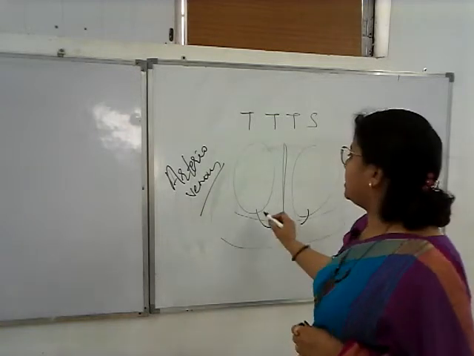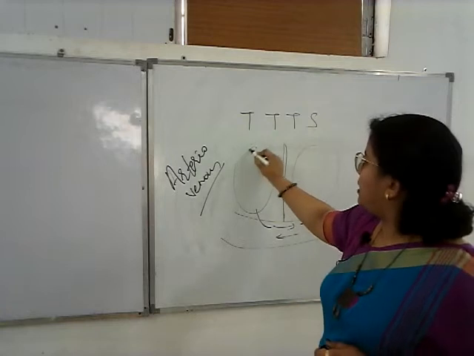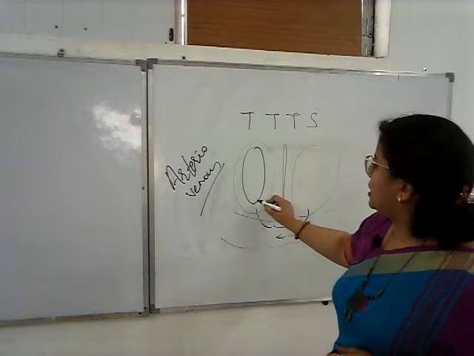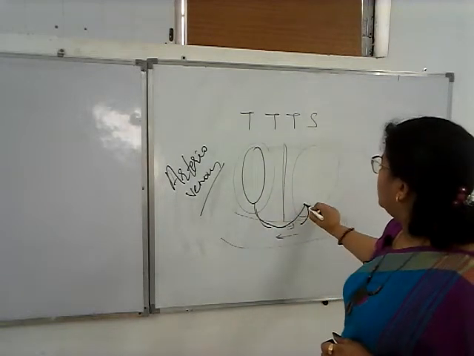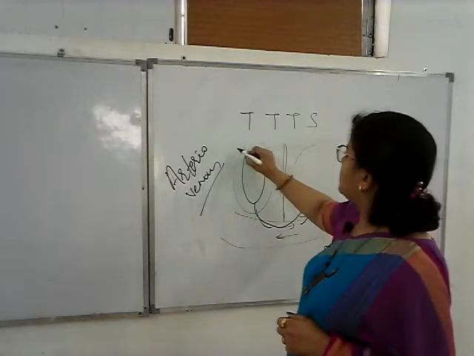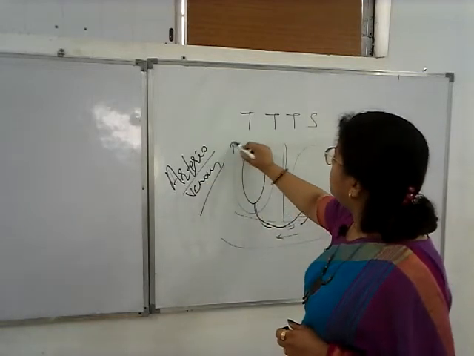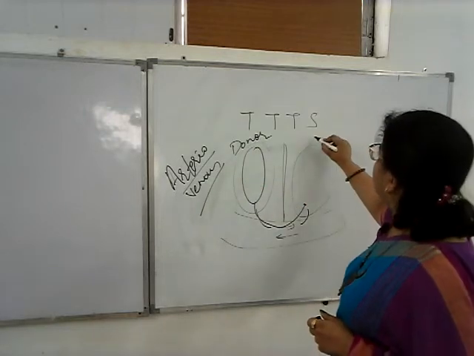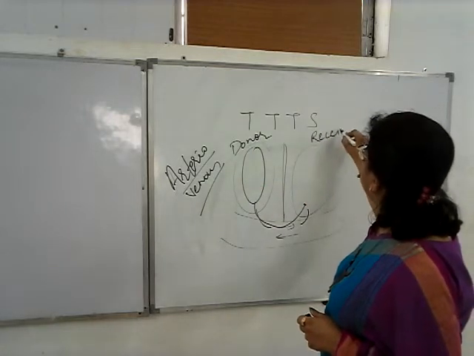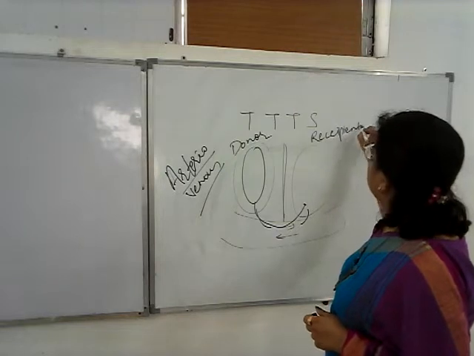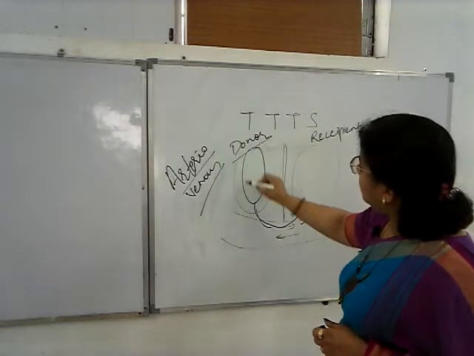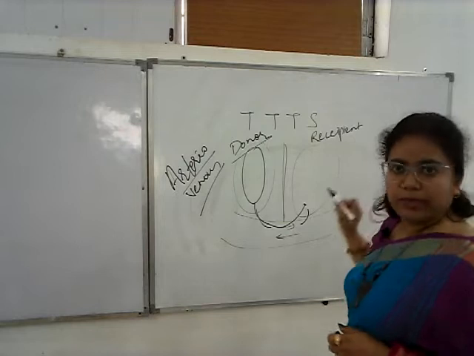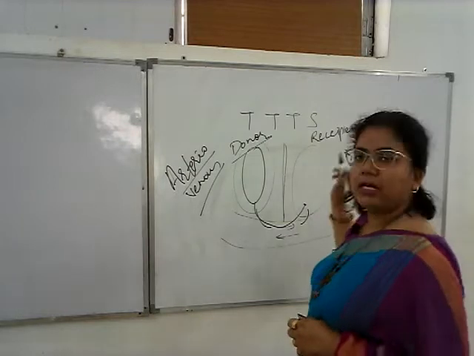So what is happening? The non-utilized blood of this twin is being shunted to the other twin. Whose artery is involved, this twin becomes the donor, and whose vein is involved, this twin becomes the recipient. This twin loses all its blood to the other twin. It is taken over by the other twin.